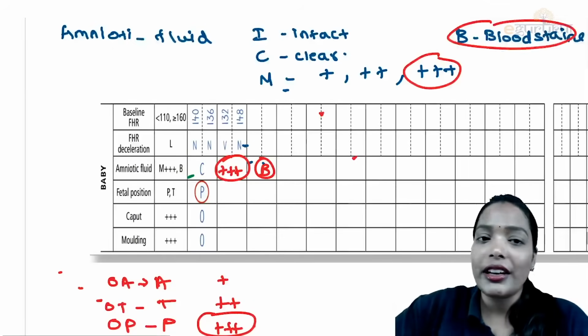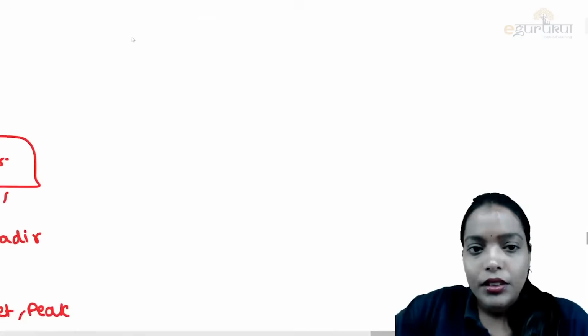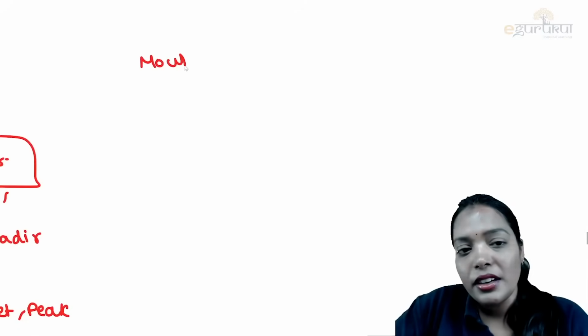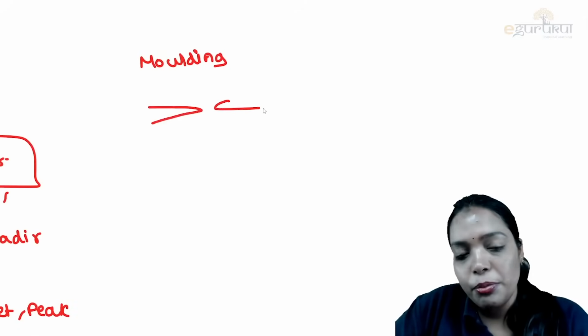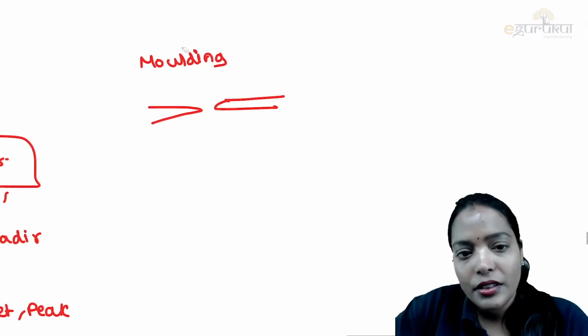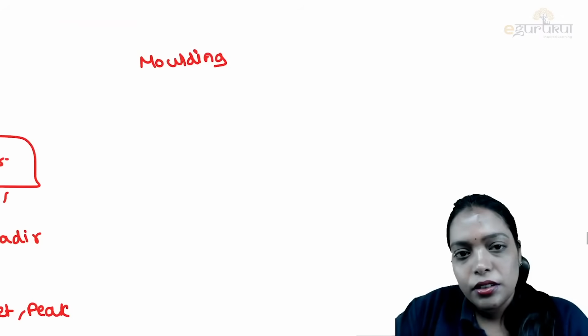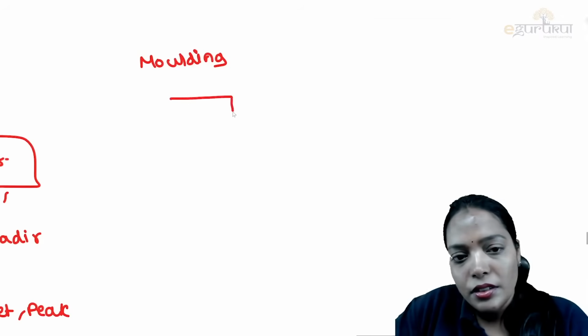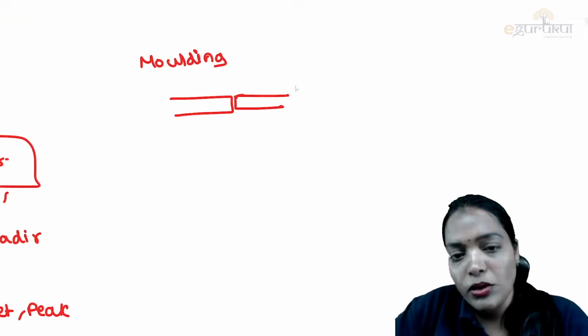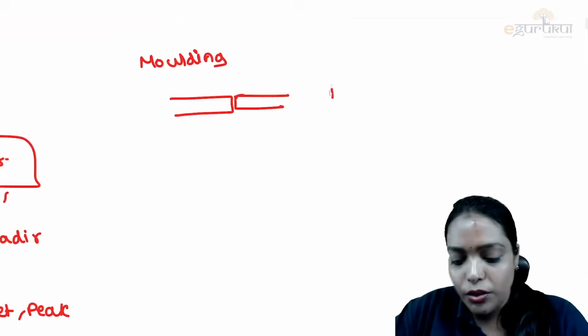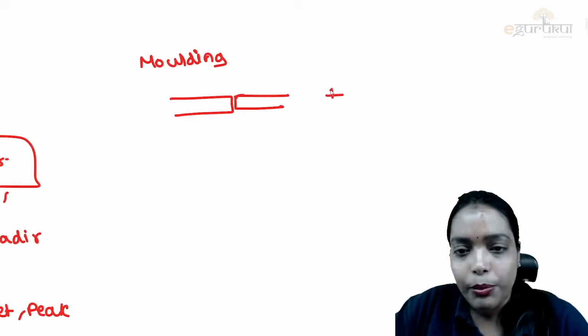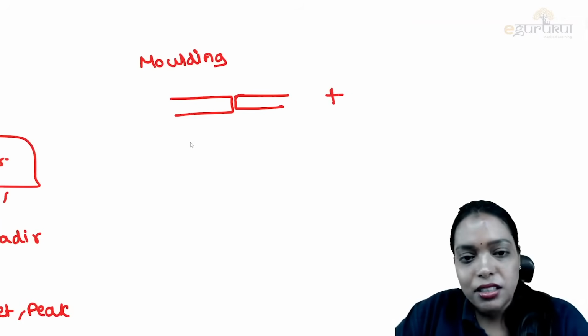Moulding, we all know that there are 3 grades of moulding again. So moulding grade 1 is just an approximation of the parietal bones. So grade 1 is approximation of the parietal bones. For moulding, you're going to just write sutures apposed is grade 1, 1 plus.